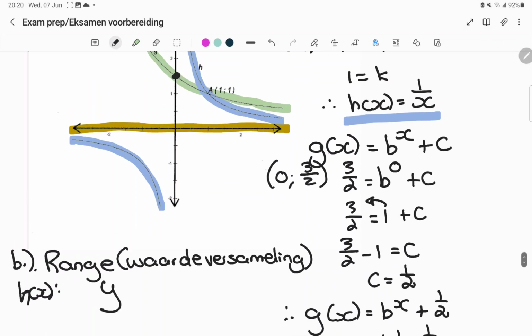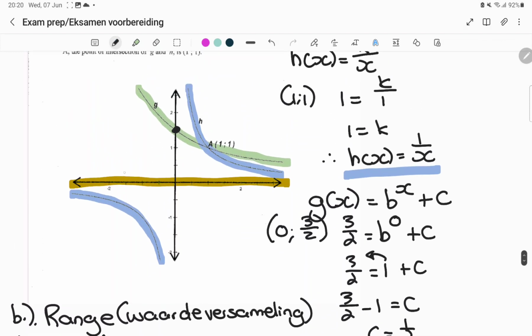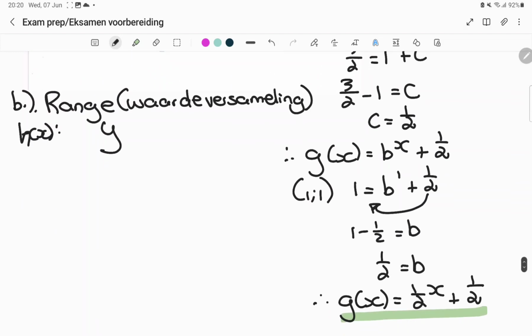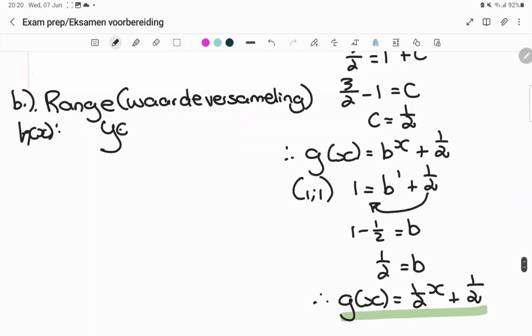Alright, so h of x is my hyperbola, so I can see that it can basically be any y value except my intercept. So my range will be y element of real numbers, but y cannot be equal to my intercept, which is y equal to 0.